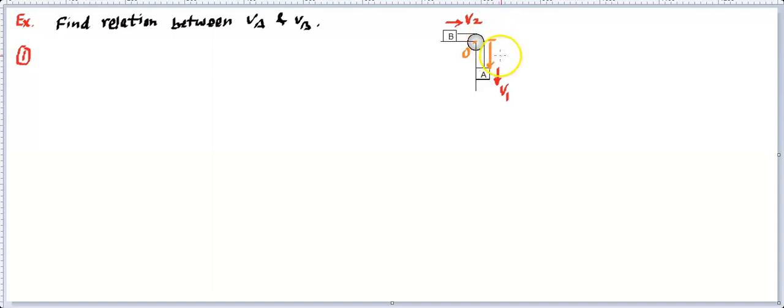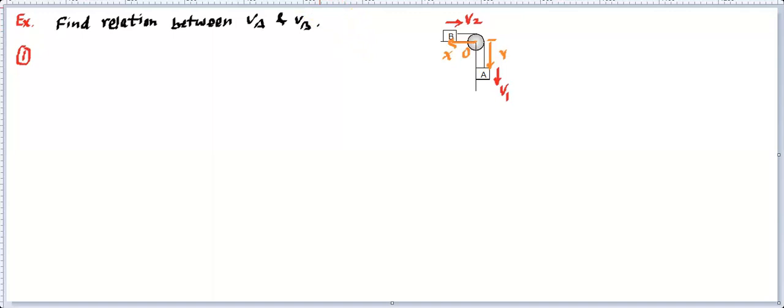This is measured as, let's say, Y. And the position of B is being measured from this origin in this direction. So this is position of B, let's say that is X. You can choose any of the parameters, that hardly matters, but whatever they are, they have to be maintained.